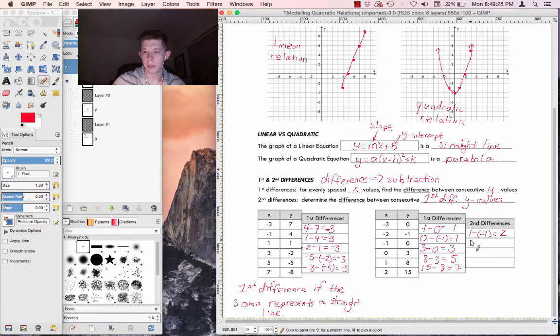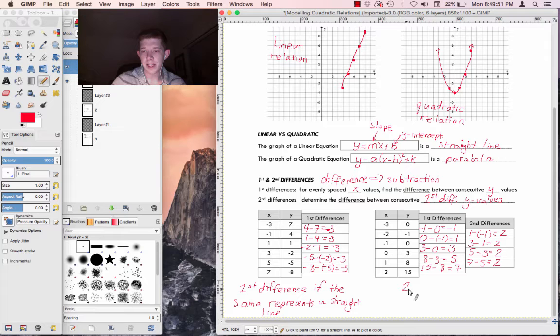And I'll go with my next number, 3 minus 1. 3 minus 1 is 2. I go 5 minus 3, and I get 2. And then 7 minus 5 is equal to 2. Look at that. Now I have 2, 2, 2, and 2. Perfect.